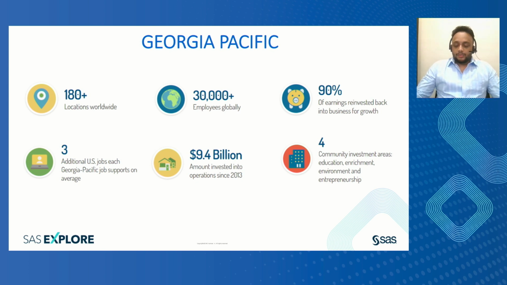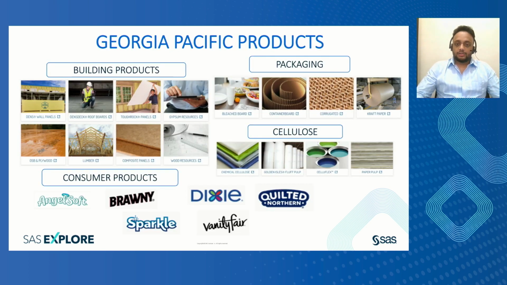So let's move to the products which we have and which we offer. If you see Georgia Pacific, you can involve Georgia Pacific from every walk of life, starting from your toilet to your restaurant and dispensers, even building your own houses.